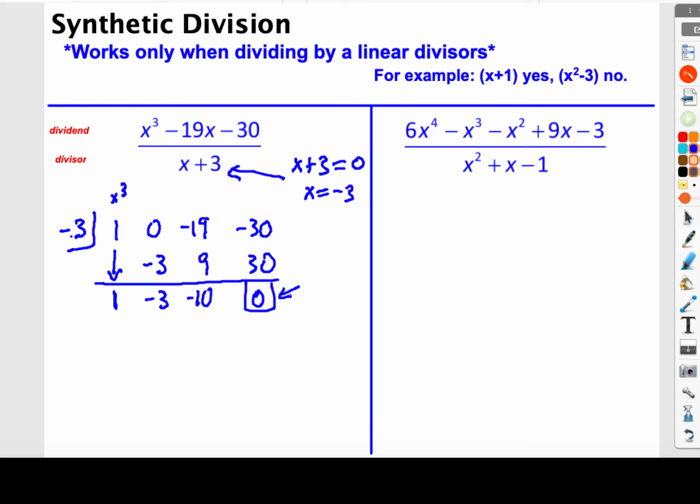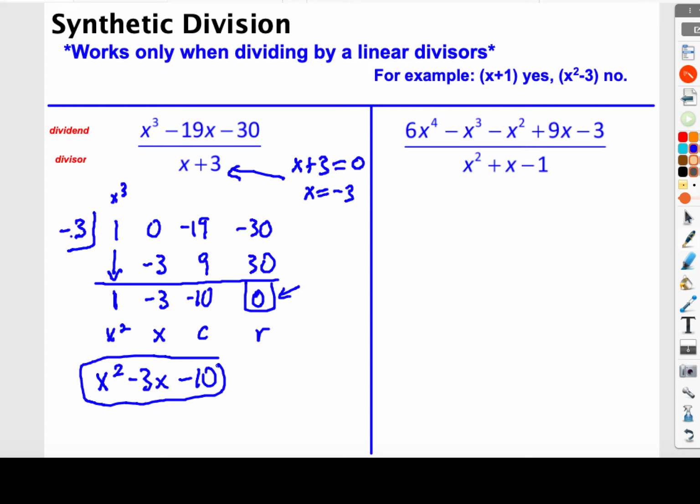Remember, if we started with an x cubed, we now have 1 x squared. This is going to be x, this would be your constant, and this would have been your remainder. So we have 1x squared minus 3x minus 10, and because there's no remainder, we don't have to write one in there.